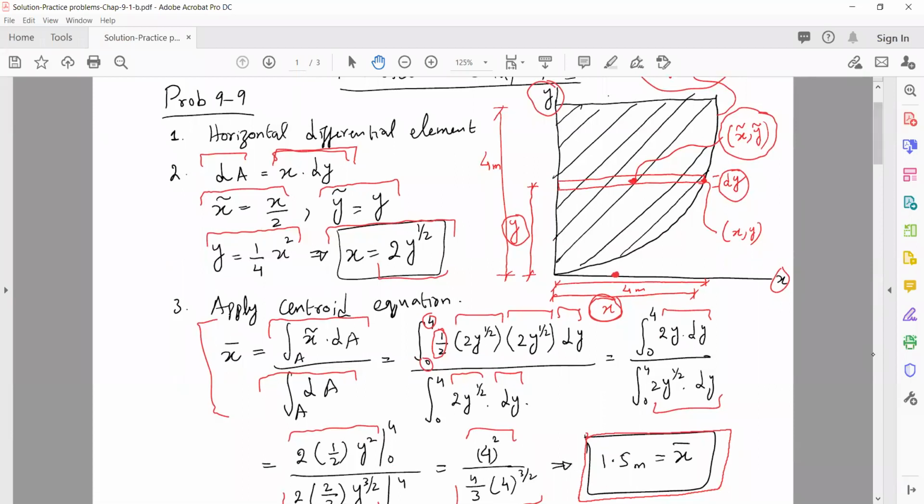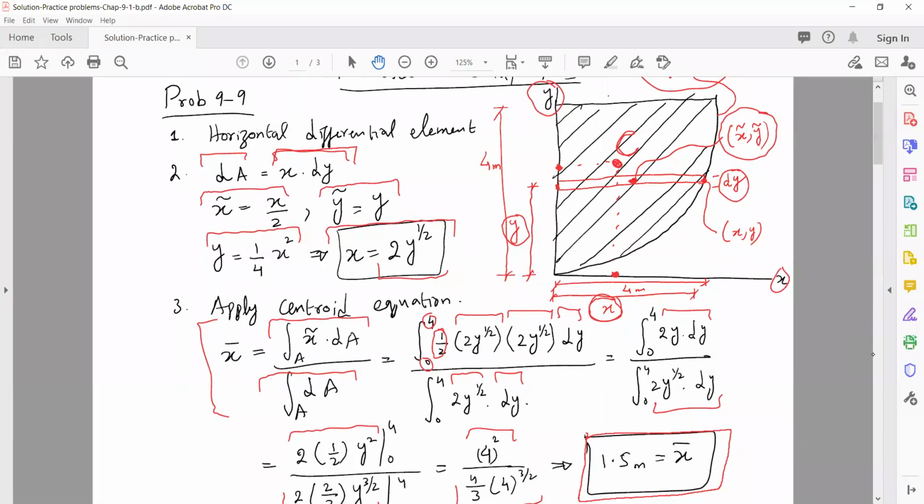Now come back and see where 2.4 meters is. So this is 4 meters, this is the center line, 2 meters, so 2.4 would be somewhere here, right? Now just join them. This is your centroid, x bar, y bar.